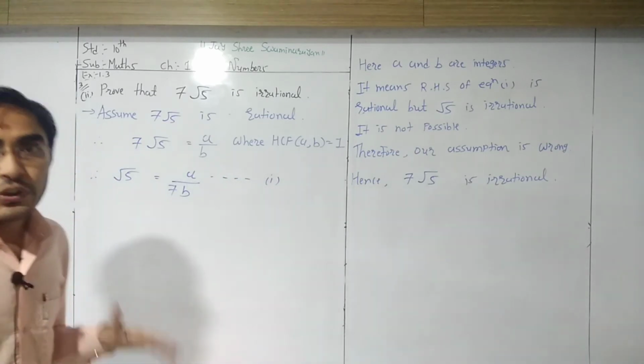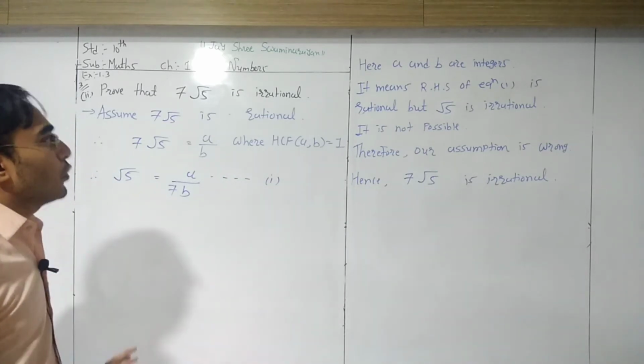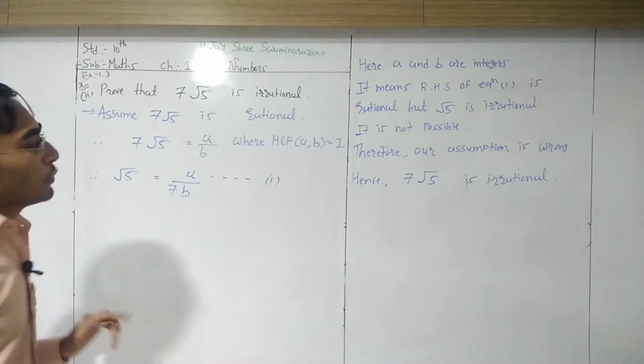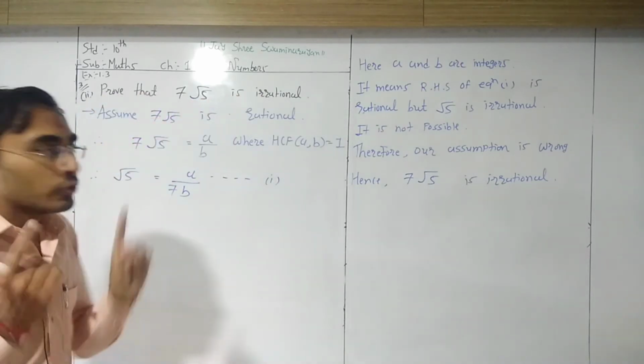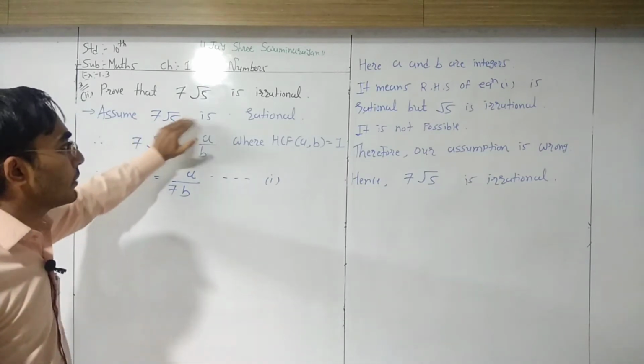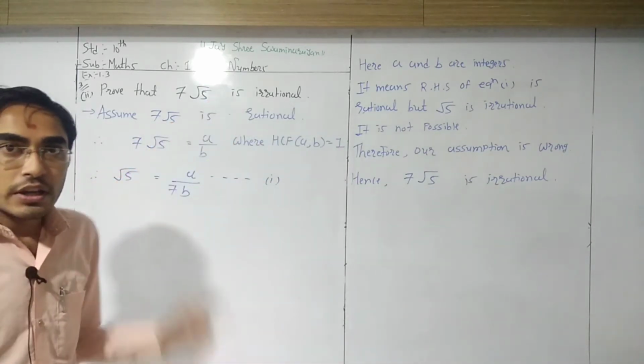Again we are using the contradiction method, so we need to assume the opposite. Here we need to prove it irrational, so assume 7 under root 5 is a rational number.